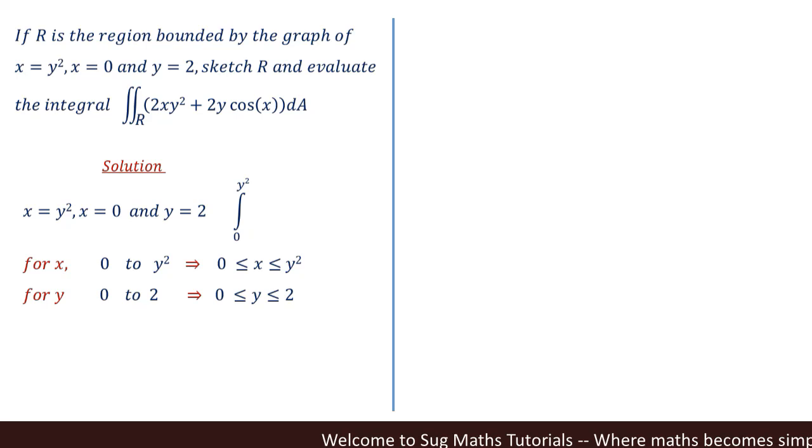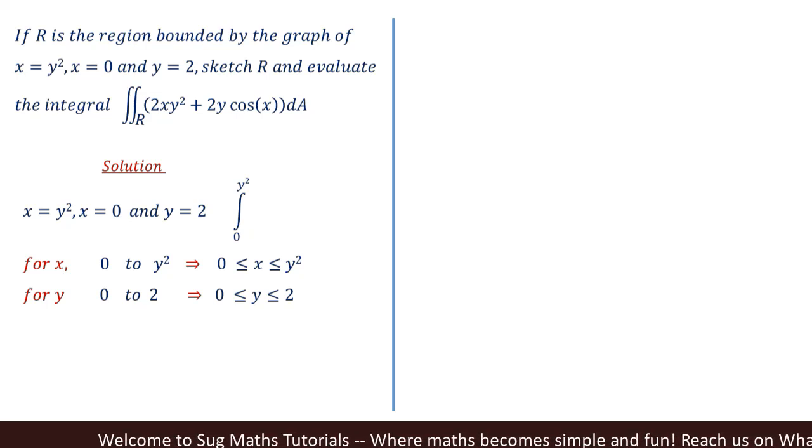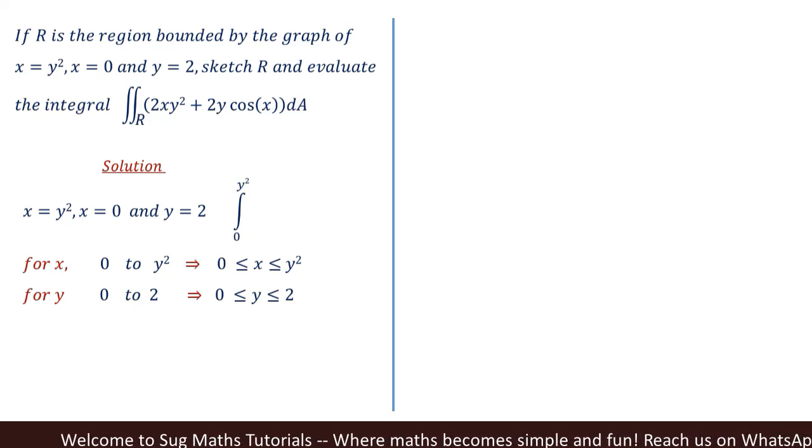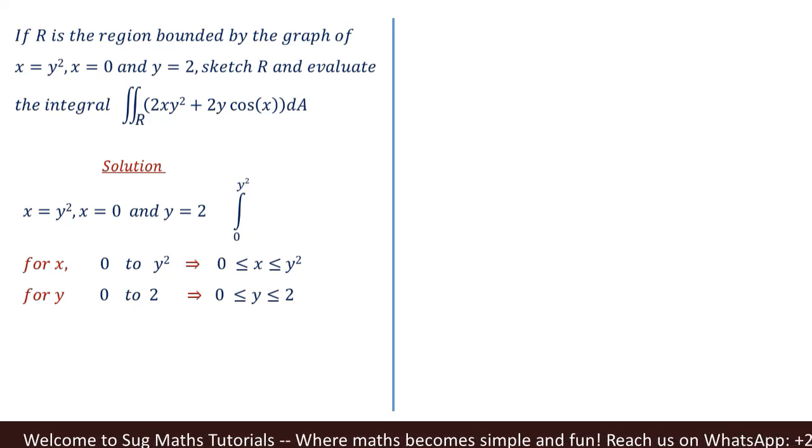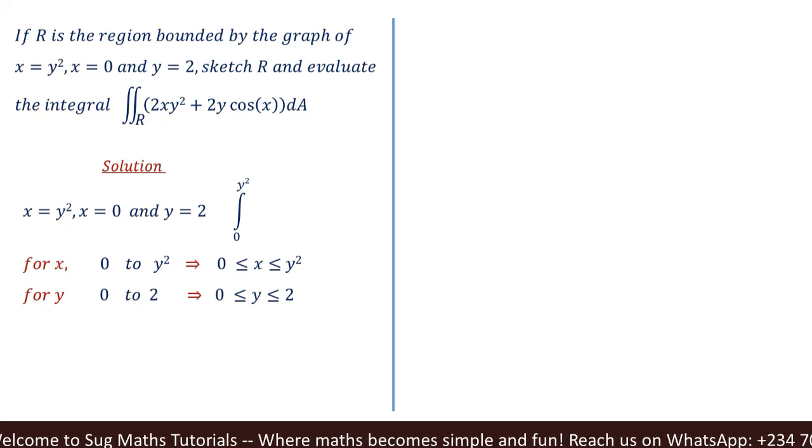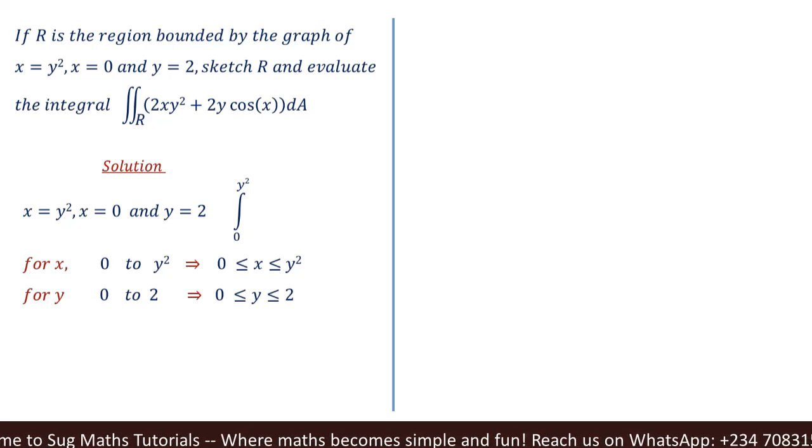Do we get this? So this is it. Now we have gotten the information, but not the full information for the region we are asked to evaluate. Now we are going to use this information, the coordinates, to sketch the region.